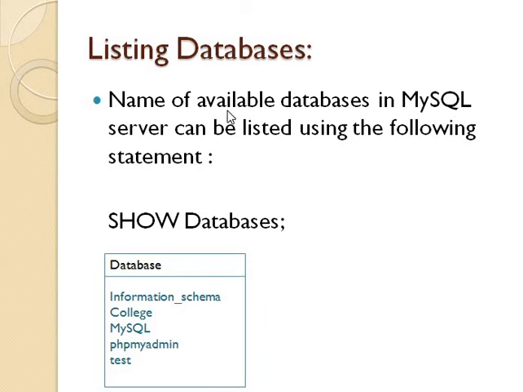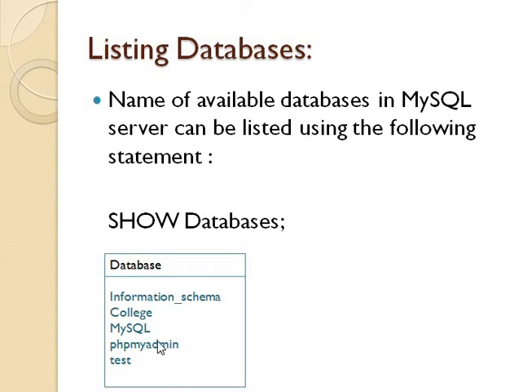If you want to list all the available databases in the MySQL server, here is the statement, that is show databases followed by a semicolon. And once you execute this statement, the list of all the databases existing in the MySQL server will be displayed. So these are the databases which will be displayed once you execute this show databases command.